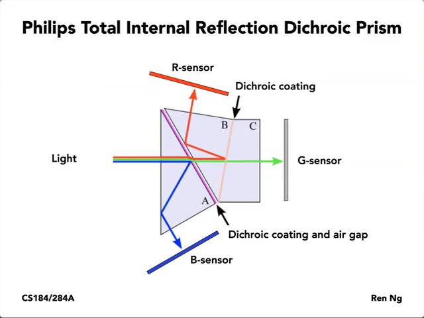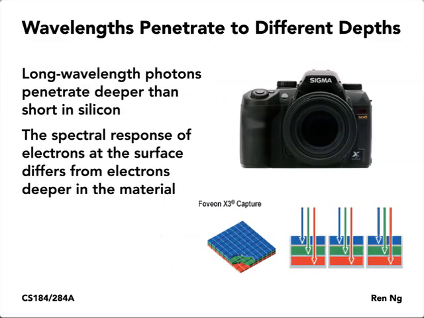So this is a way to capture without sparsifying the red, green, and blue channels. There are actually other devices that are built. They're not very common, but it's a slightly different kind of CMOS sensor where the photodiodes or the pixels are actually stacked volumetrically. As you can see here, the blues are on top because it turns out that blue photons, short wavelength photons, interact with silicon at more shallow depths.